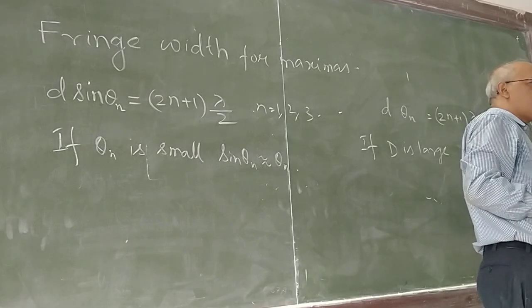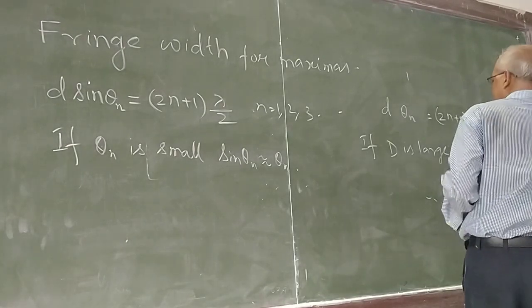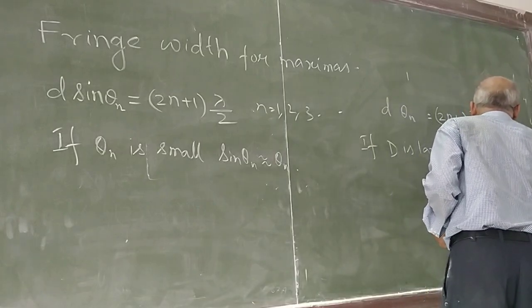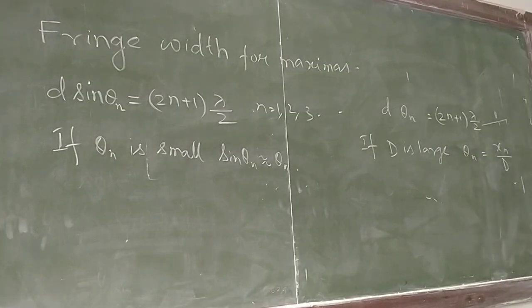This arc will be almost a straight line. Right? So in that case, theta n I can write as xn by d. Can I write x1, x2, x3, xn? General term. Theta n will be xn by d, in case d is very large compared to xn, and that should be achieved.